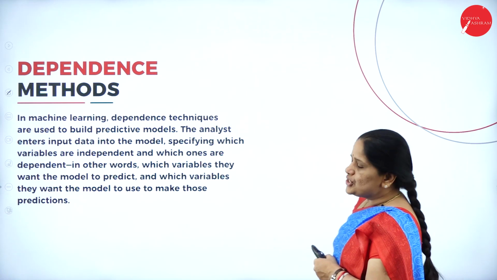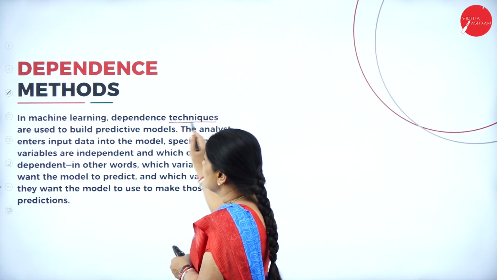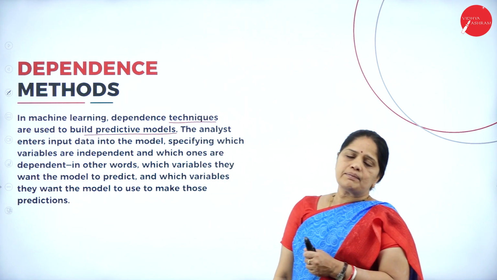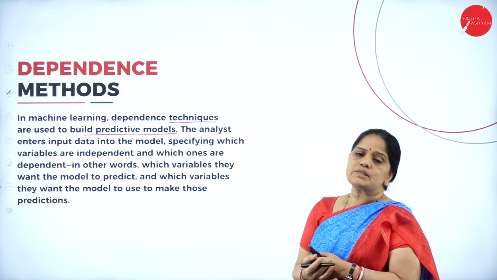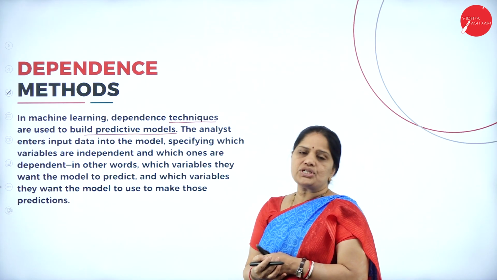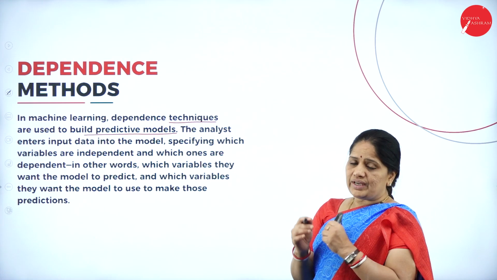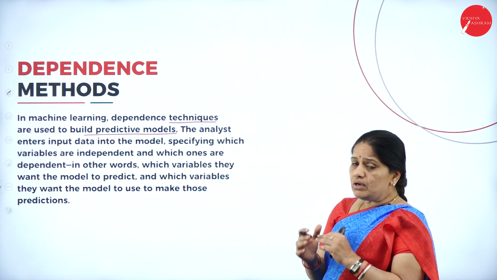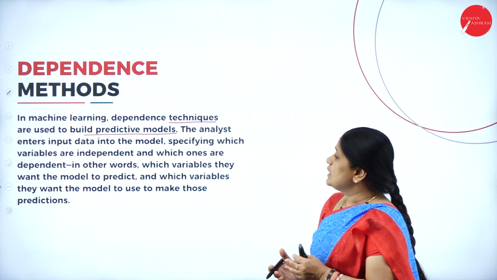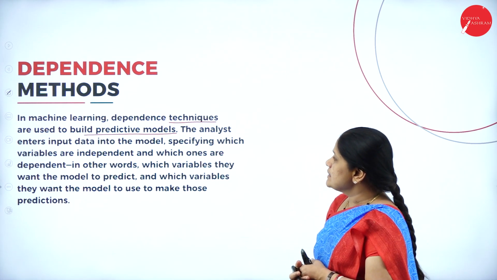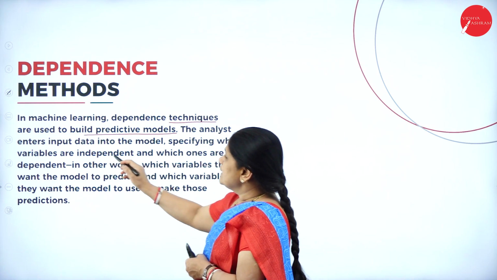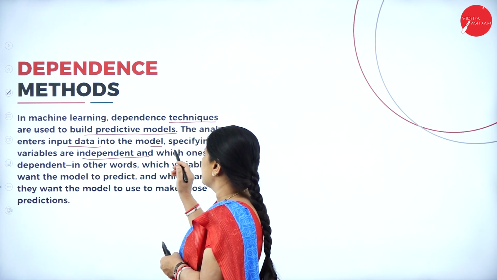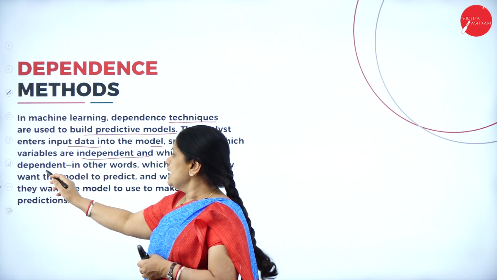Now, in machine learning, dependence techniques are used to build predictive models. This kind of dependence method is mainly used in machine learning where we are made to build models. So, when we are building models, we make use of these dependence methods. The analyst enters input data into the model, specifying which variables are independent and which ones are dependent.